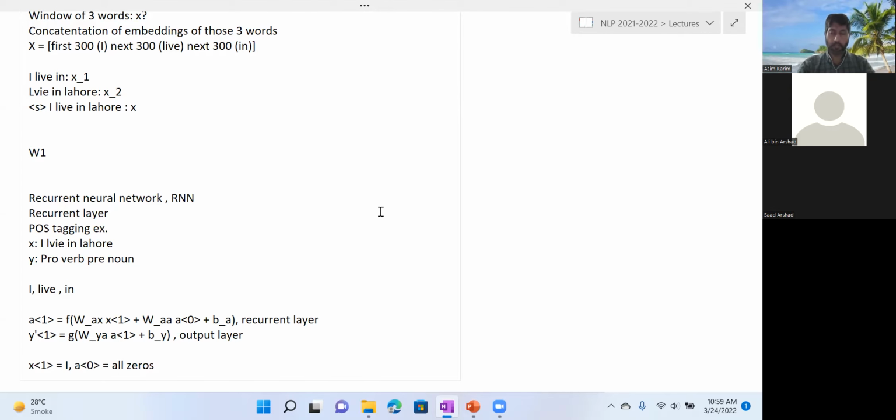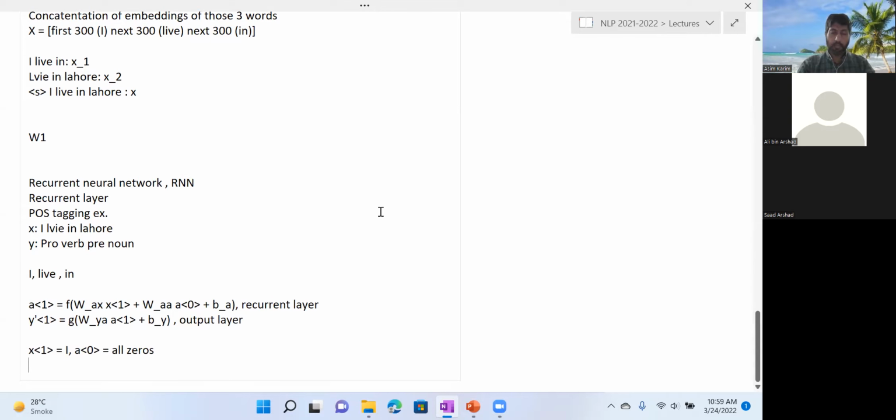Given this, you can compute A1 using that equation, which is F of WAX into X1 plus WAA into A0 plus BA. Of course, here the bias and the two W's are the parameters of the recurrent layer, and these would be estimated as part of the optimization problem.